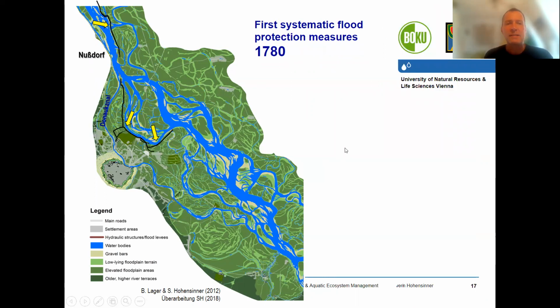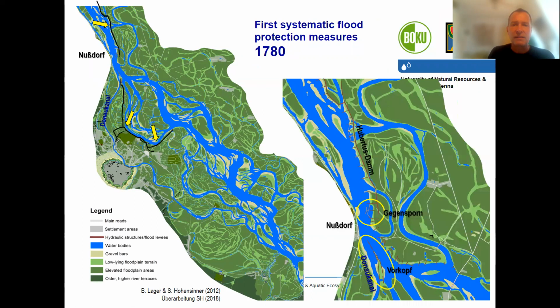This is the situation around 1780, when we see first systematically planned flood protection measures. These are the black lines here, several kilometers long. We see here how elaborate the flood protection measures were.